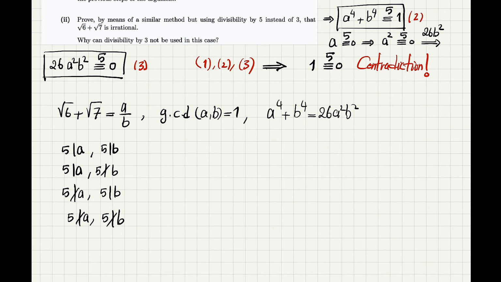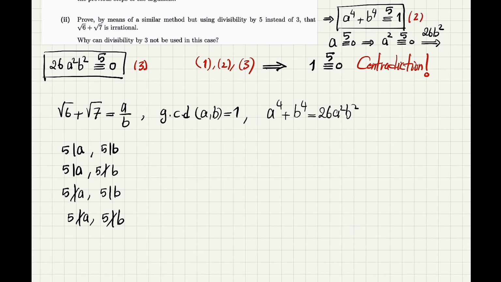Because I have two integers a and b, exactly one of these should hold, yes? There are no other options available for a pair of numbers a and b with respect to the divisibility by 5. Okay? But I want to show that all of them give rise to contradiction.